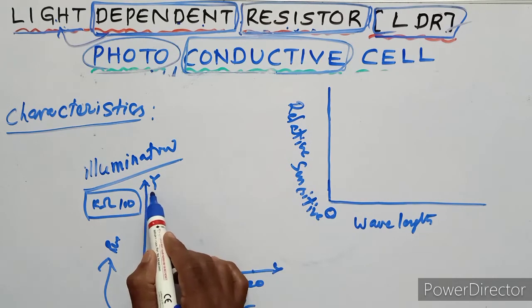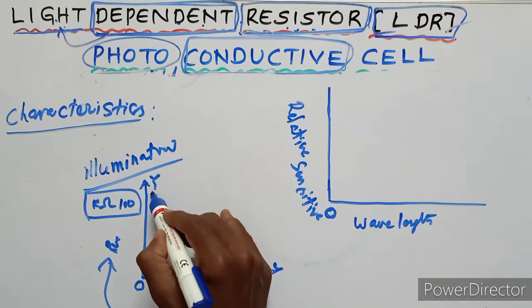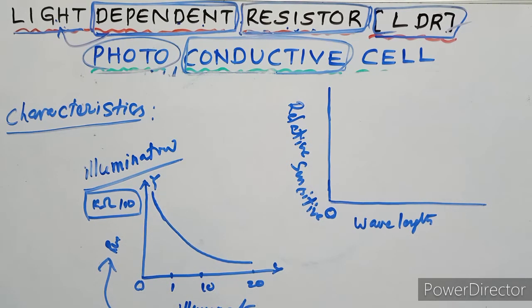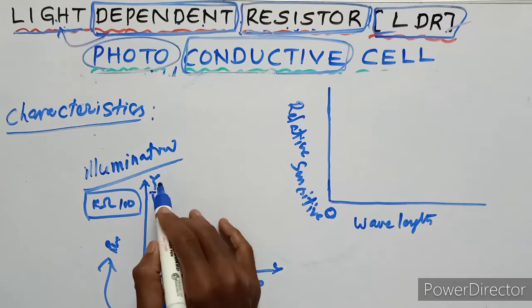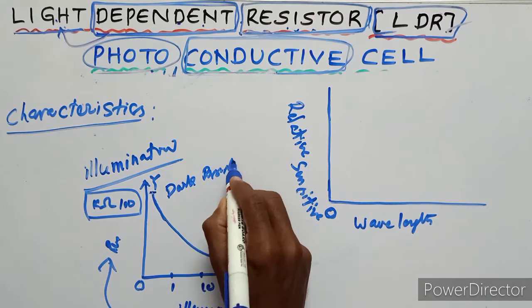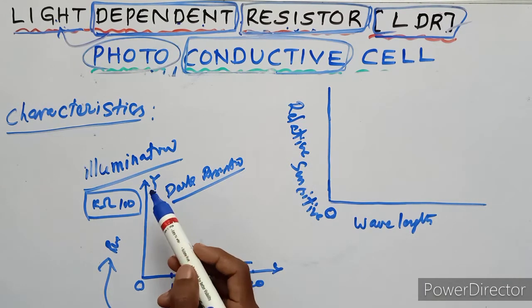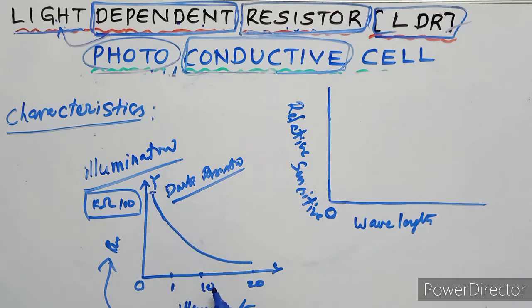This is the curve. High resistance is 100 kilo ohms, which is known as the dark resistance. So the graph depicts the relation between illumination and resistance.